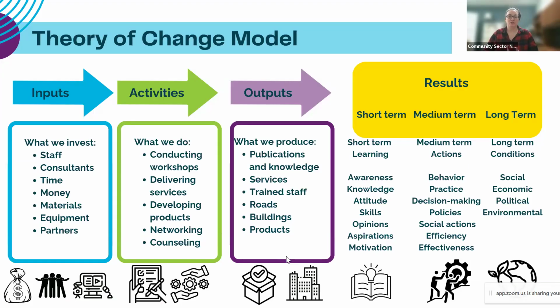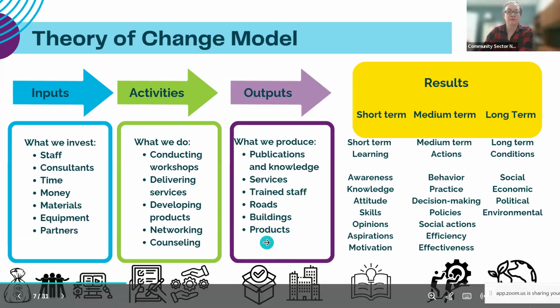You might need to create some physical products, so buildings, roads, etc. This is all very generic, not directly applicable to any particular organization. Our activities could include having workshops, delivering services, developing products, networking, counseling. And then we work right back to the initial inputs that we'll need.